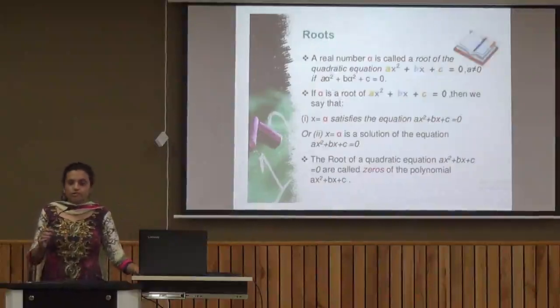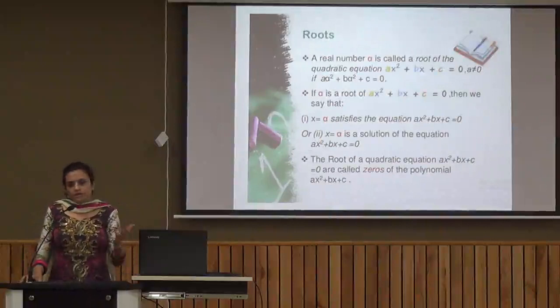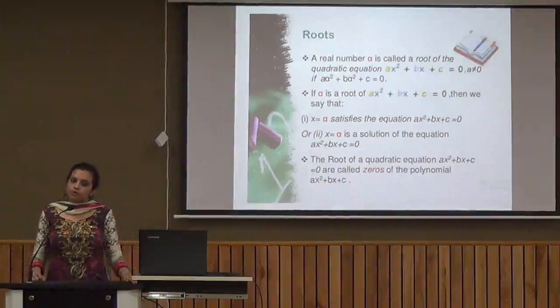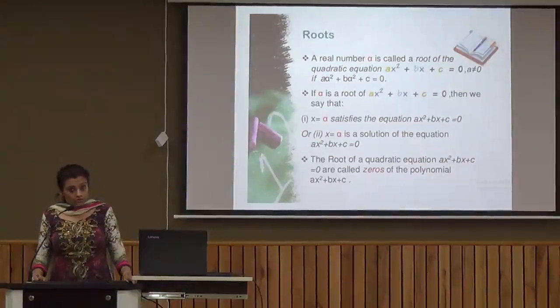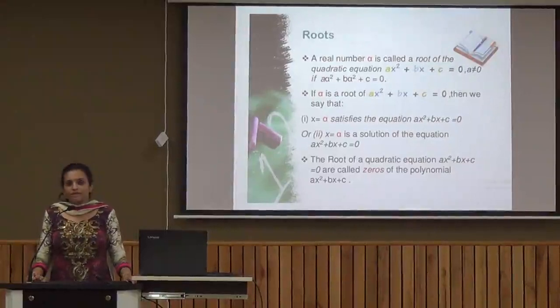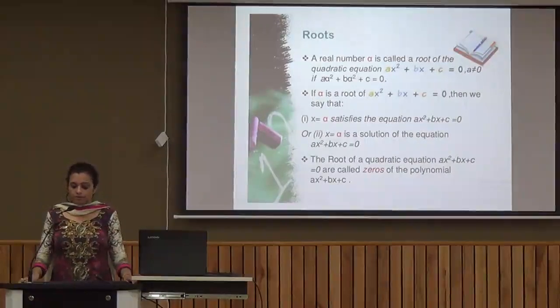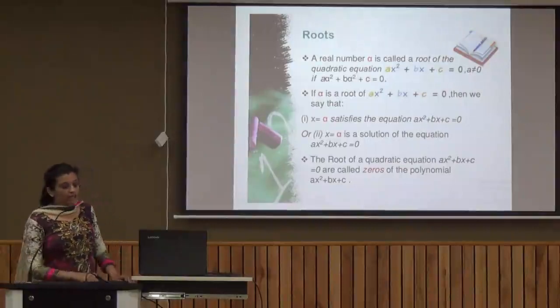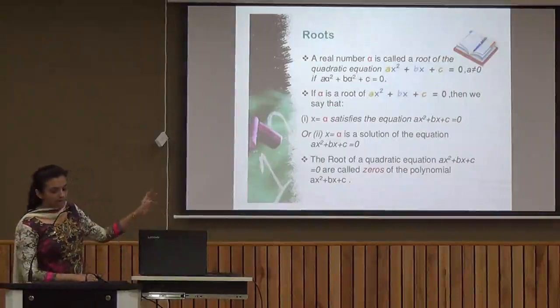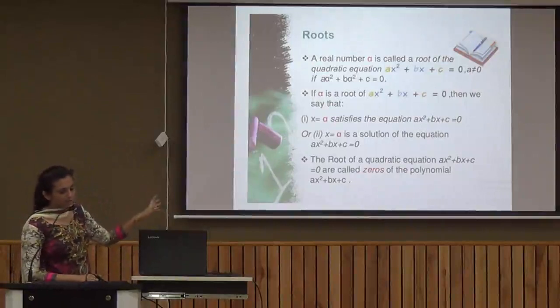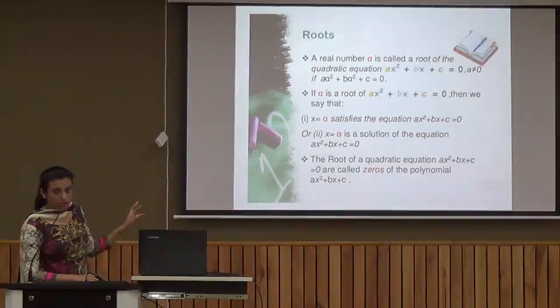Yes, let's come to the roots. Now, what are the roots of a polynomial? What are the zeros of a polynomial? Does something come to your mind? Yes, let's see. A real number alpha is called a root of the quadratic equation ax squared plus bx plus c equal to 0 if a alpha squared plus b alpha plus c equal to 0 holds true.